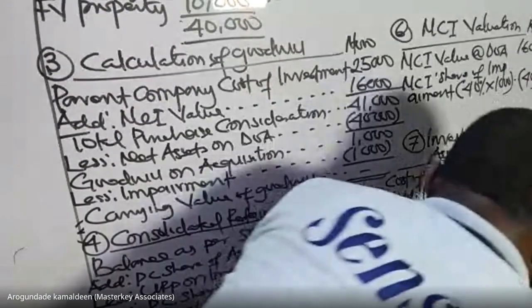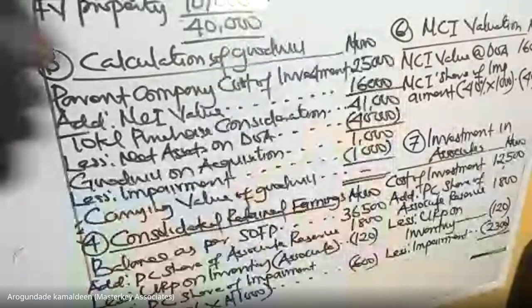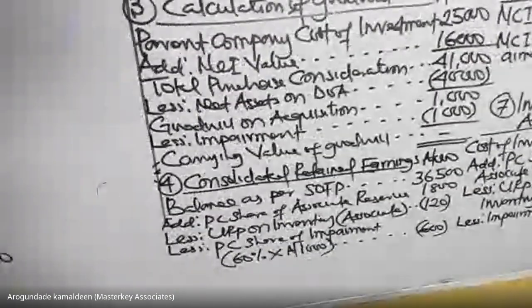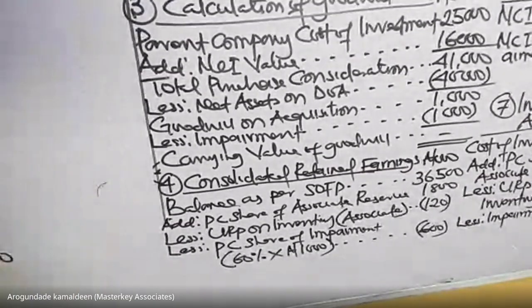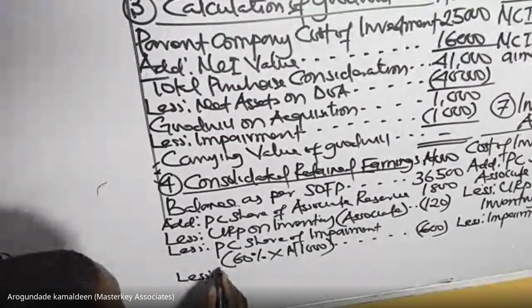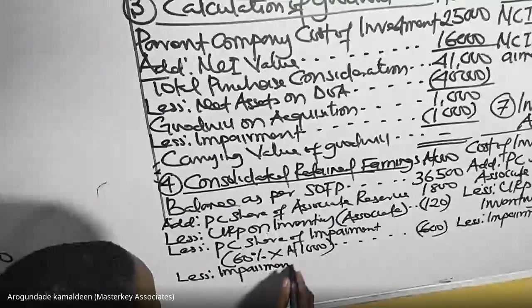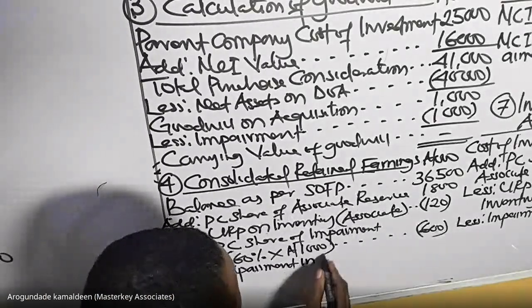So this was the last year. So the parent company's too, because whatever happens in the associate would affect the retained earnings of the parent. He is the owner of the investment in associate.